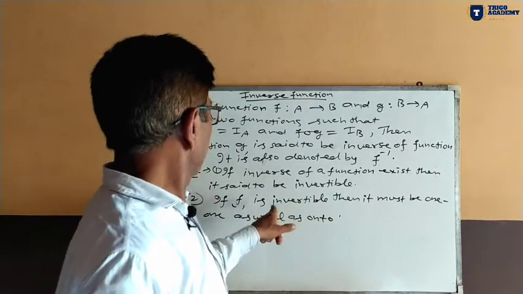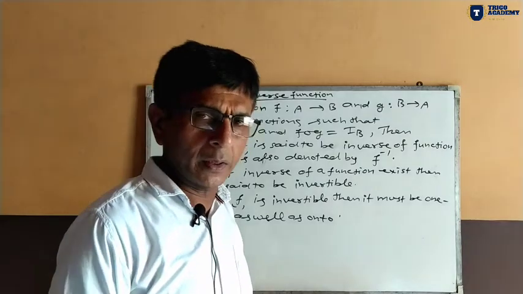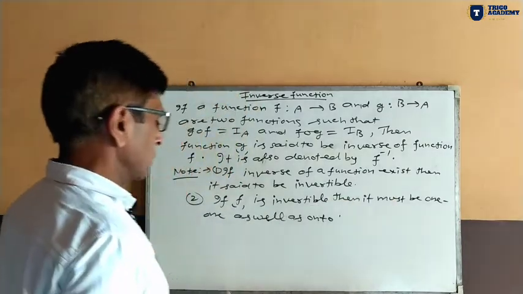If function f is invertible, so then it must be 1-1 as well as onto.